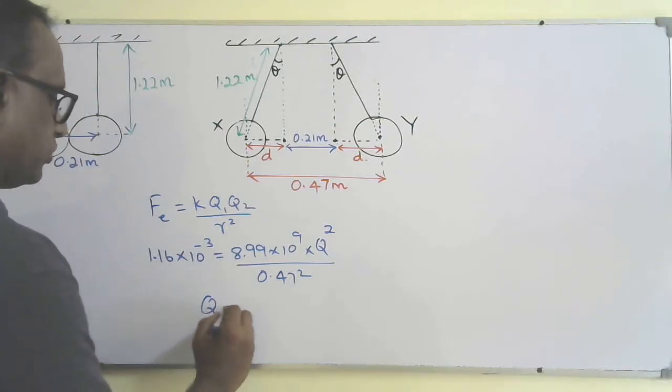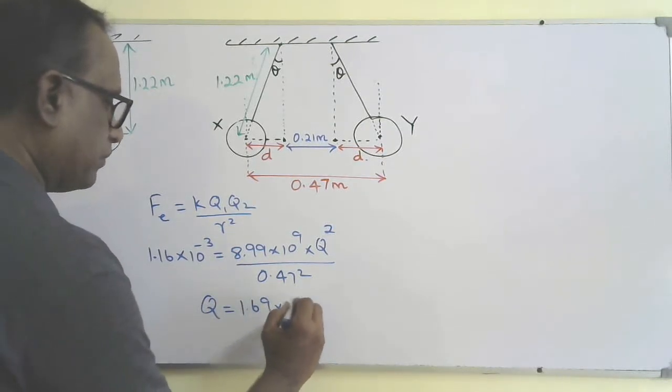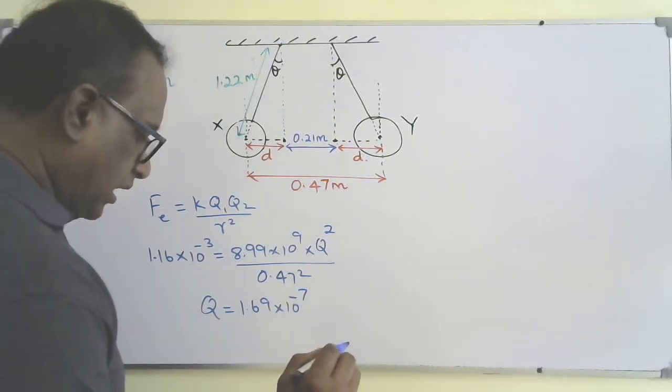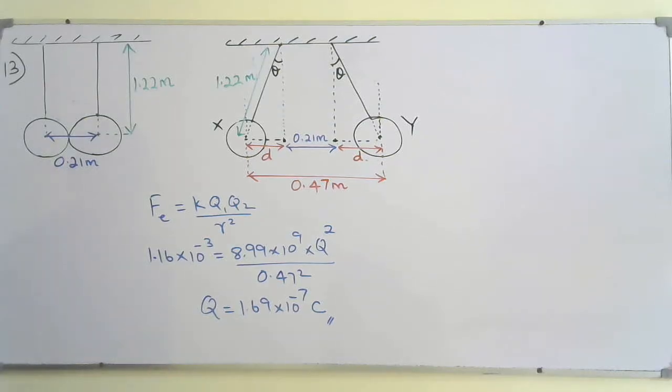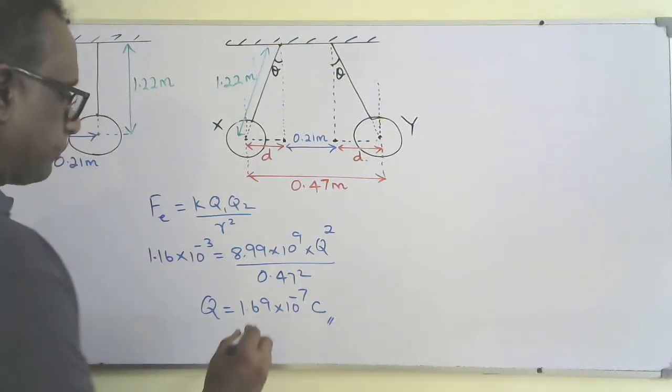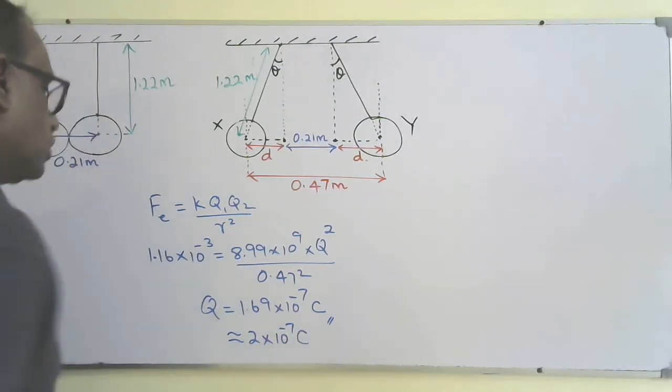So find the value of Q. That will be 1.69 times 10 to the power minus 7 Coulomb. Approximately, we can say 2 times 10 to the power minus 7 Coulomb.